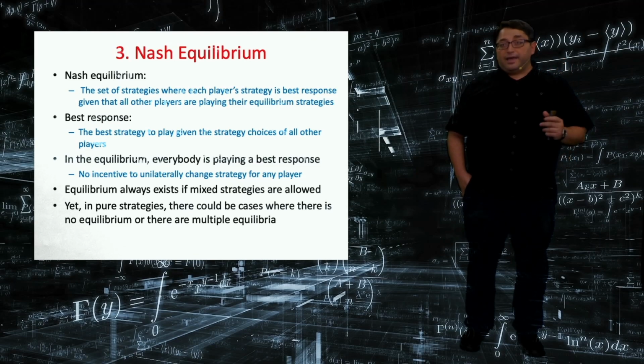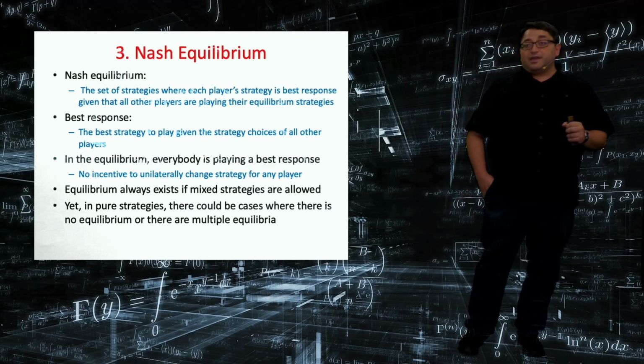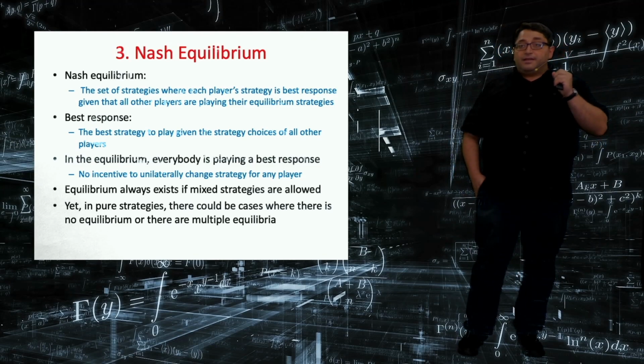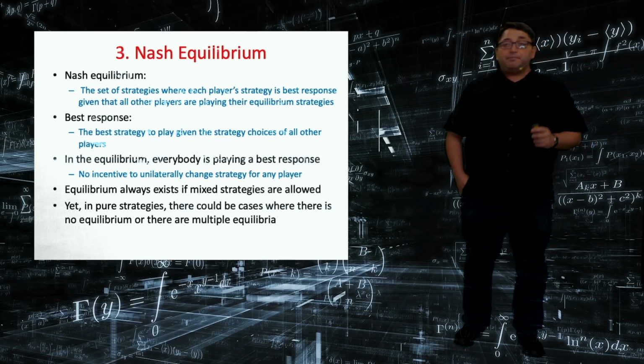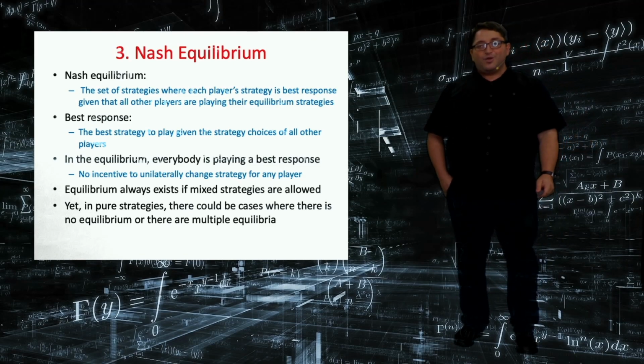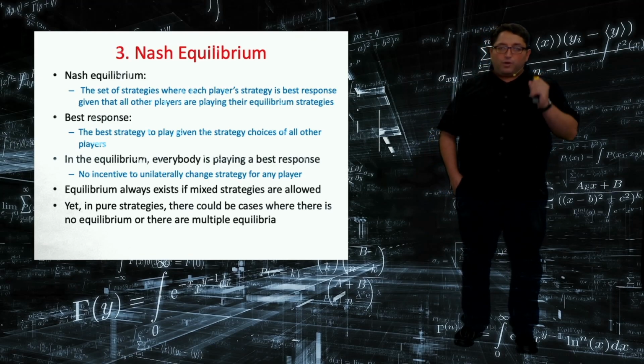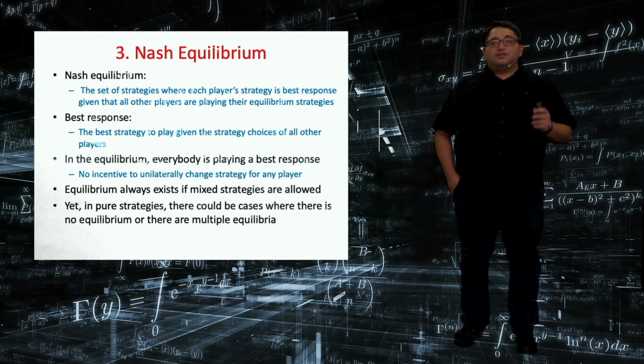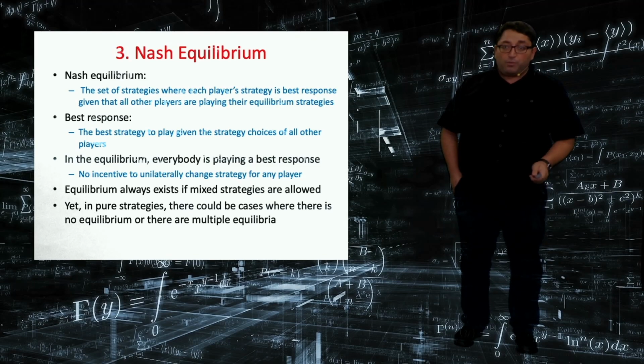You have to have a dominated strategy in order to have either dominant or sophisticated equilibrium. However, Nash equilibrium always exists. But you have to remember that sometimes there is no Nash equilibrium in pure strategies, where a player is taking one particular action. So there could be no pure strategy Nash equilibria.